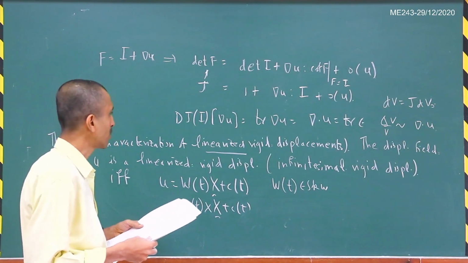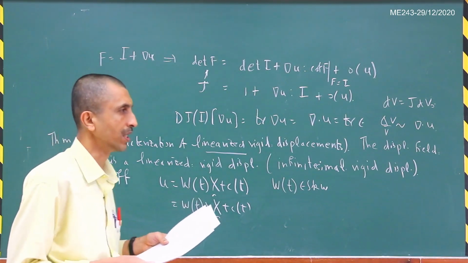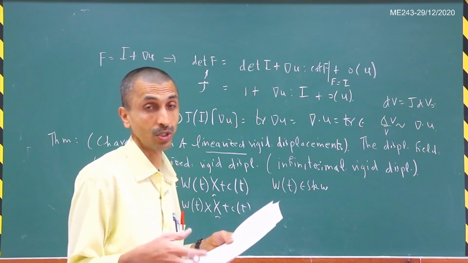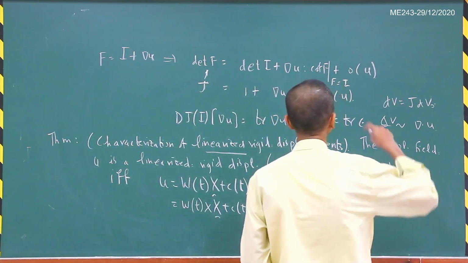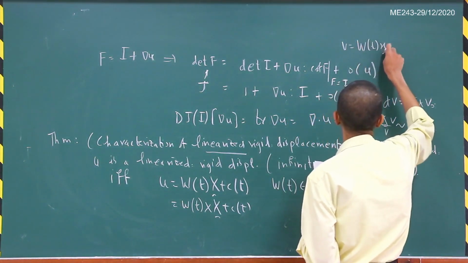So actually the proof of this one is very similar to the characterization of rigid motion, the second characterization of rigid motion in terms of the velocity. So if you recall, we proved that V is equal to W of T times X plus C of T, right?